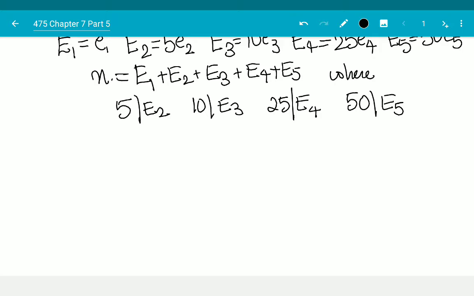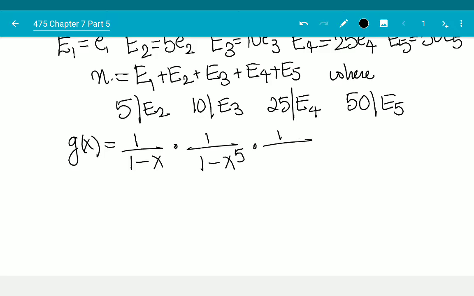The generating function for this is g of x equals 1 over 1 minus x for the e1, times 1 over 1 minus x to the 5, because the only things that are going to make e2 are powers of 5: x to the 0, x to the 5, x to the 10, x to the 15, and so on, times 1 over 1 minus x to the 10, times 1 over 1 minus x to the 25, times 1 over 1 minus x to the 50. That's my generating function for this.